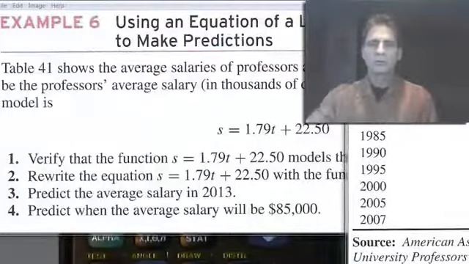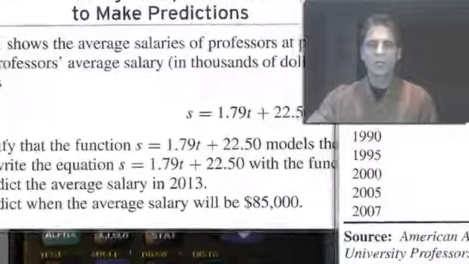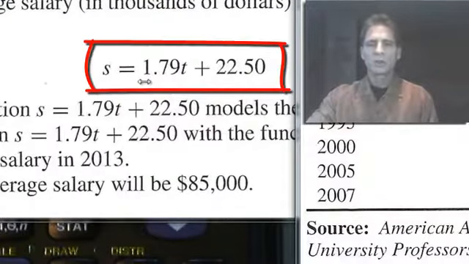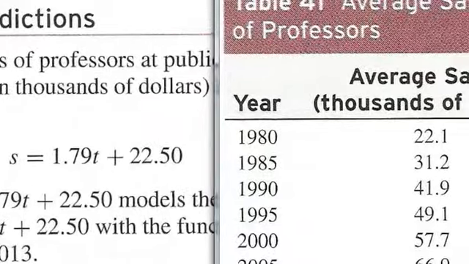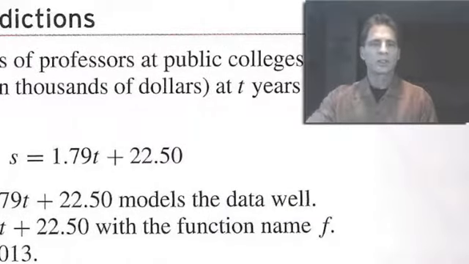They have created this equation, S equals 1.79t plus 22.50, that is a model or a close representation of this data. So what do they ask us to do?